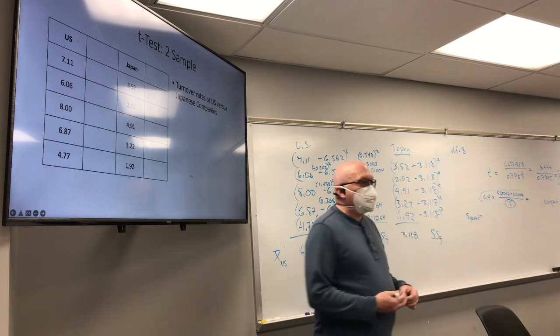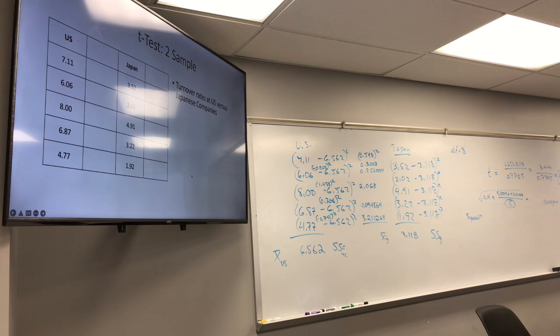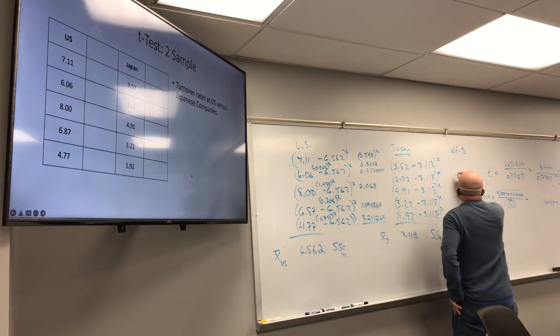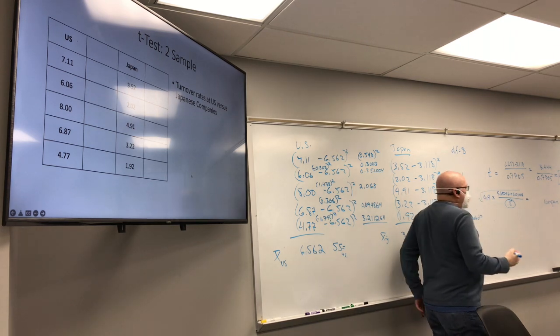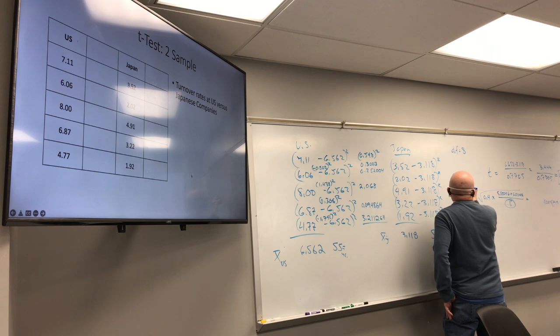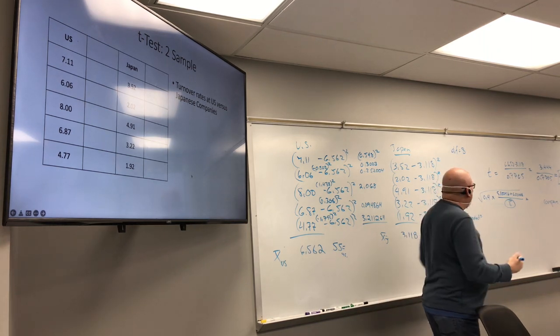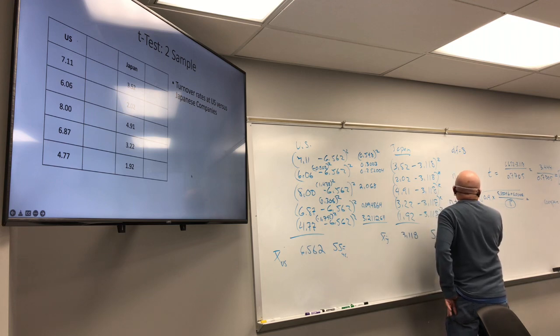Any questions on how that operates? Yes, ma'am. Normally your degrees of freedom for sample 1 would be N1 minus 1. Normally your degrees of freedom for sample 2 would be N2 minus 1. So the degrees of freedom for both combined is N1 plus N2 minus 2.